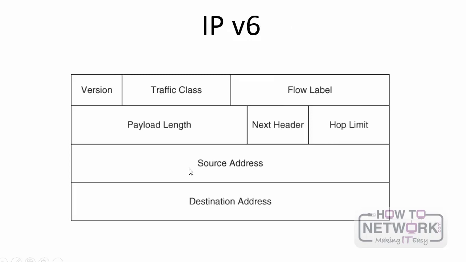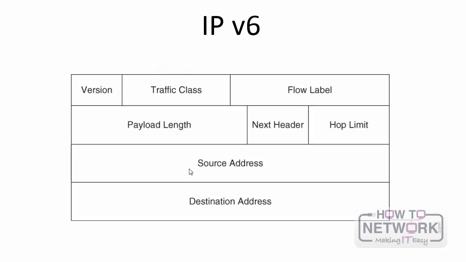Next, let's look at the IPv6 header. First, you have the version field, just like IPv4, but in IPv6, the value is 0110. The traffic class field performs the same function as the type of service field in the IPv4 header.